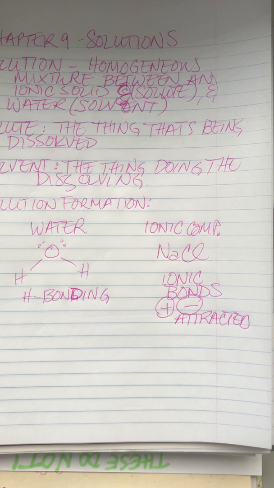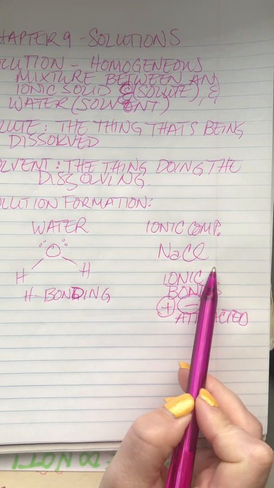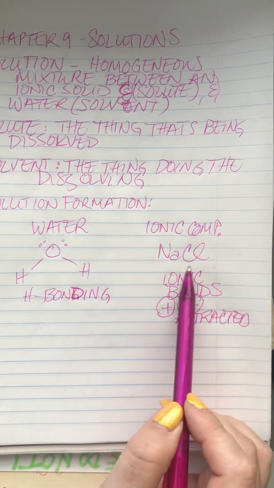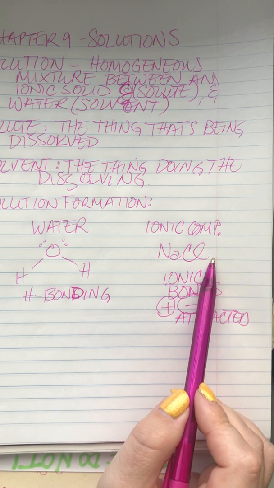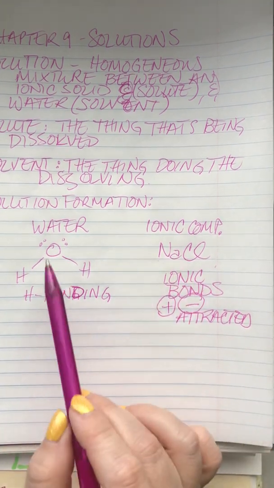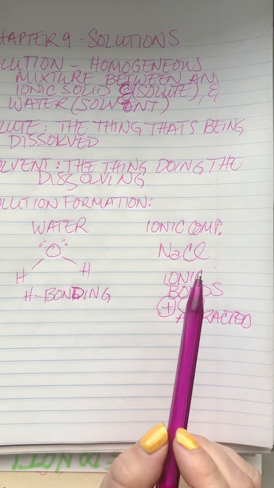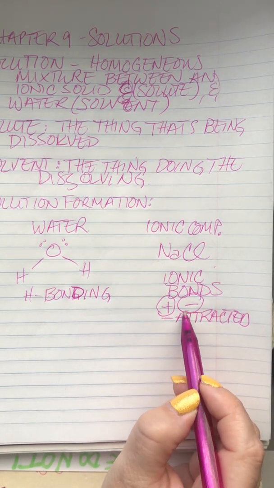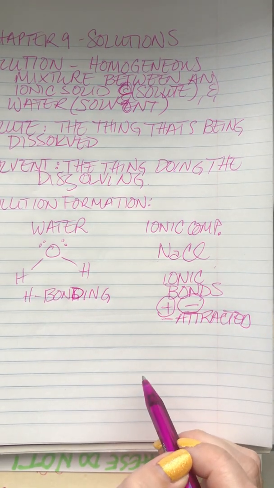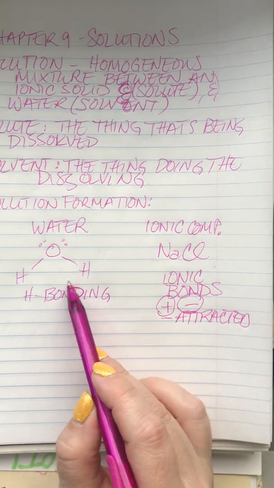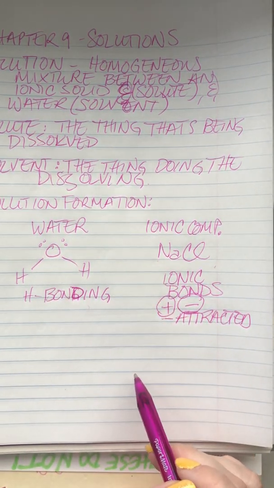So when you have an ionic solid being put into water, like say sodium chloride, what is going to make the sodium chloride dissolve, do you think? Yes, the water will make it dissolve, but specifically, what kind of interaction? If ionic compounds are attracted to each other with these positive and negative charges, then what would make water attracted to an ionic compound?